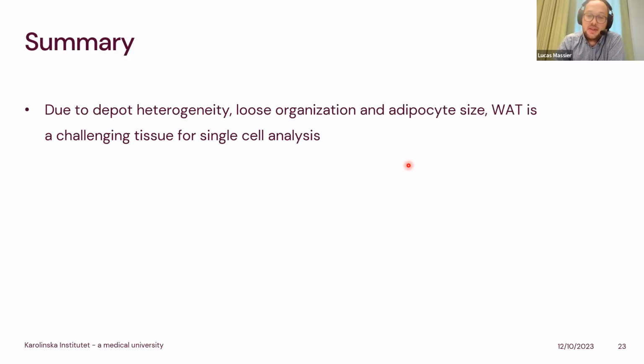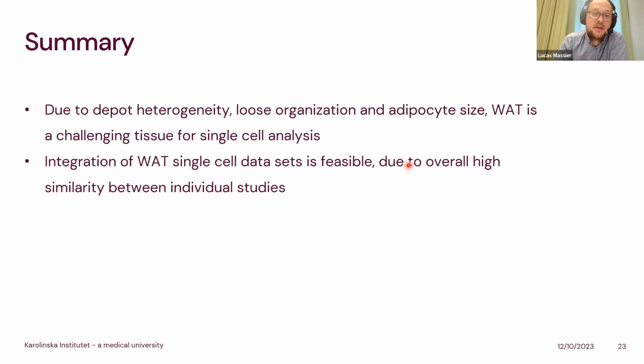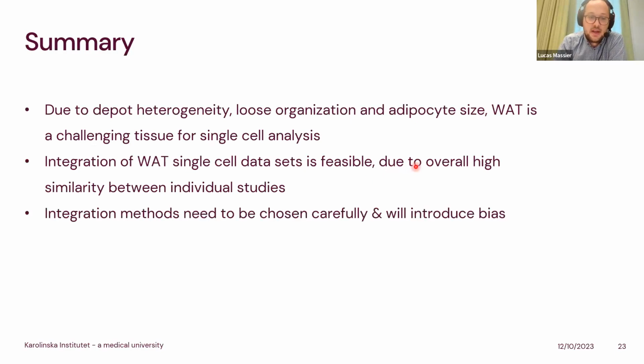With that, I'd like to end my talk, and I hope I could convince you that due to depot heterogeneity and the loose organization and adipocyte size, white adipose tissue is a challenging tissue for single-cell analysis. That the integration of white adipose tissue single-cell data sets is feasible due to an overall high similarity between the individual studies. However, integration methods need to be chosen carefully and will always introduce a new bias.